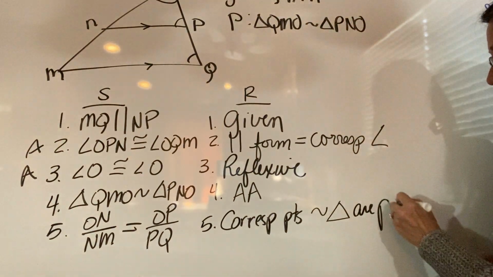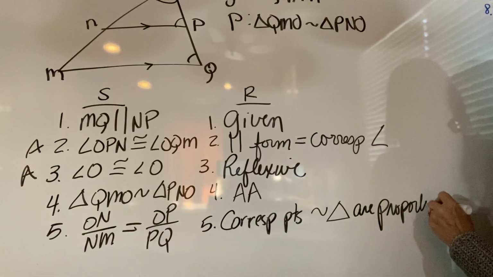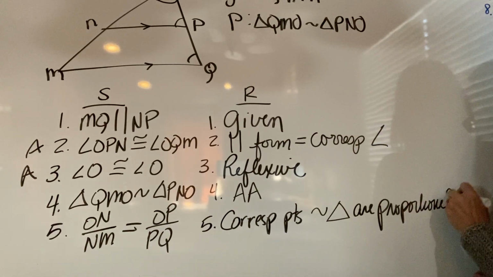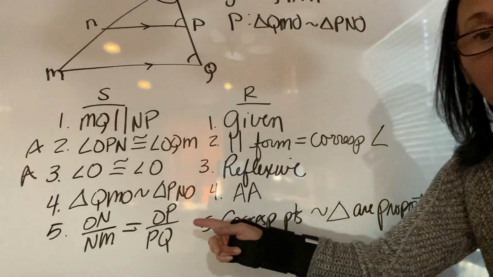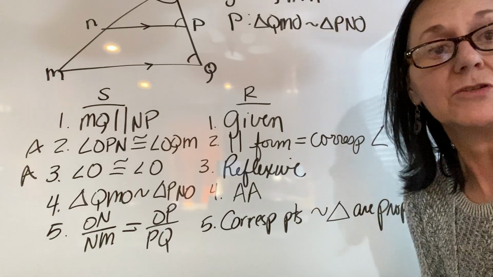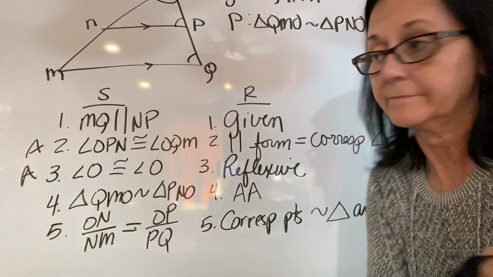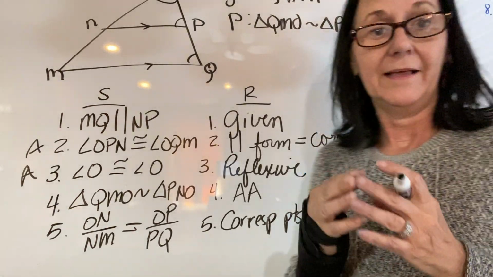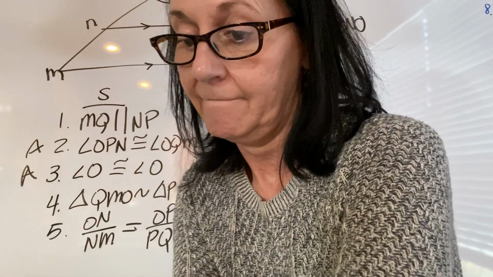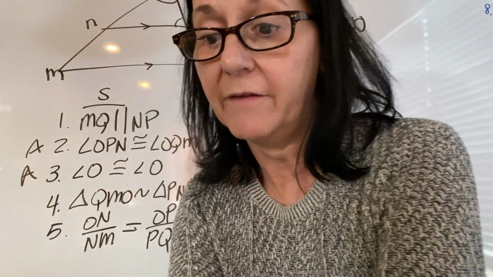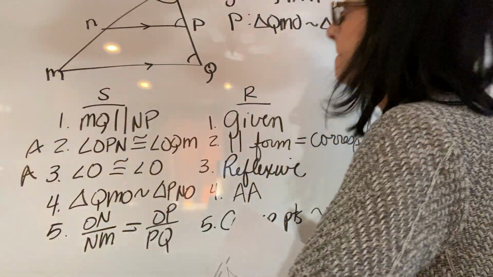They are proportionate. I wrote a proportion, so now we have a new statement. Corresponding parts of similar triangles are proportionate. They have the same proportion. So I could prove any of those proportions.